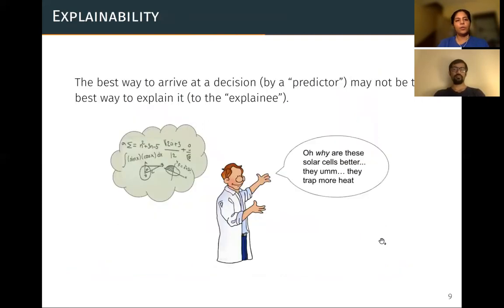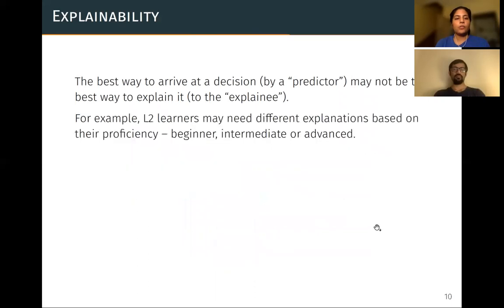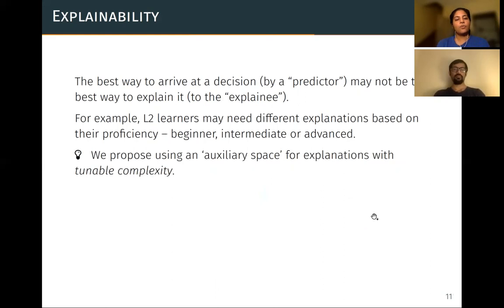So now moving on to the explainability aspect. The best way to arrive at a decision may not be the best way to explain it. So for example, a second language learner may need a different explanation based on their proficiency. So we propose using an auxiliary space for explanations with tunable complexity.